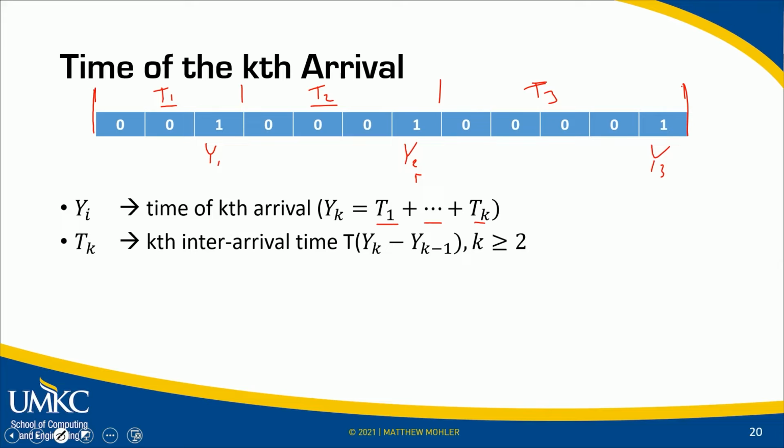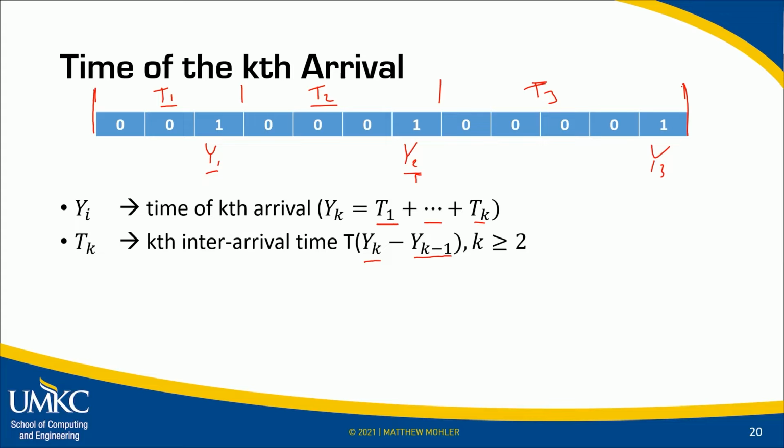We also say that t sub k is the kth inter-arrival time, inter-arrival time being the time from y sub k minus 1 to y sub k. And it's the difference of those two. So again, this would be looking at the time between, say, y sub 2 and y sub 1.